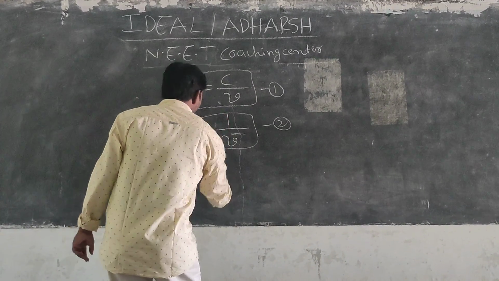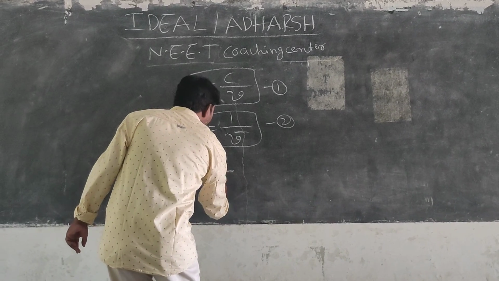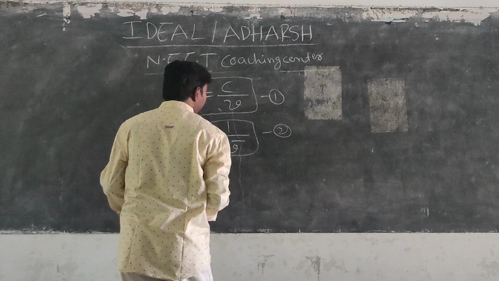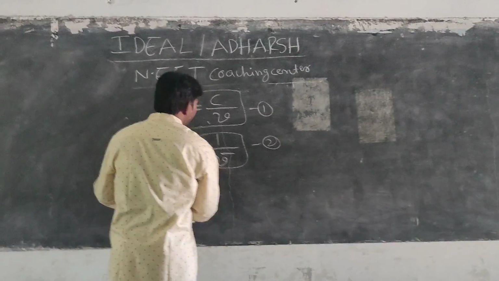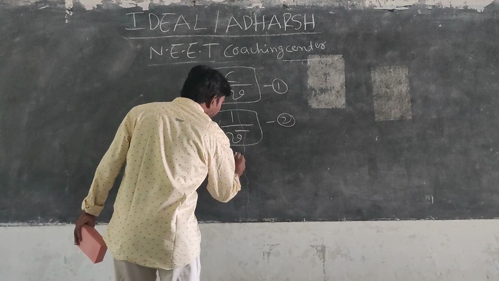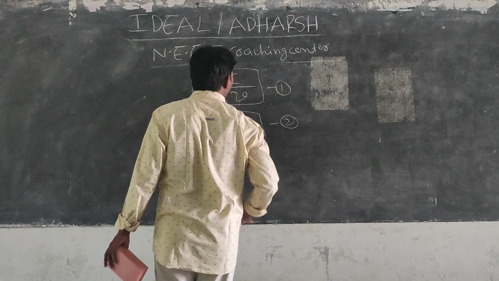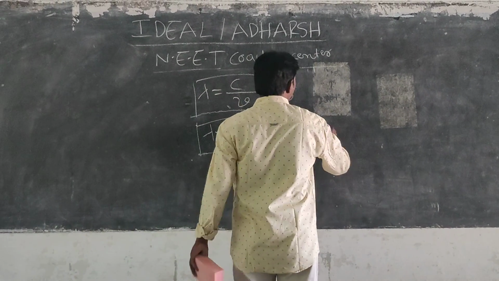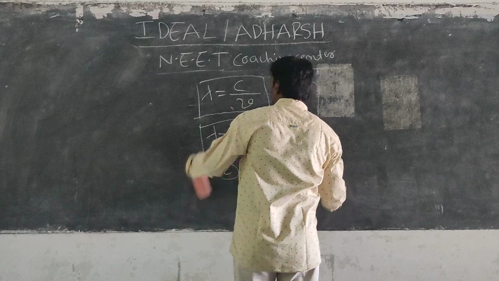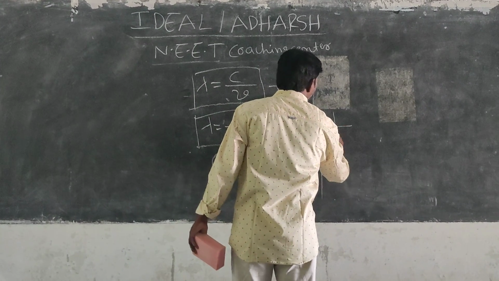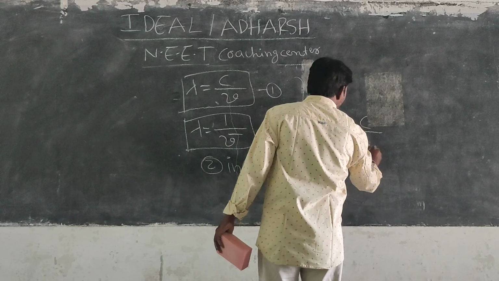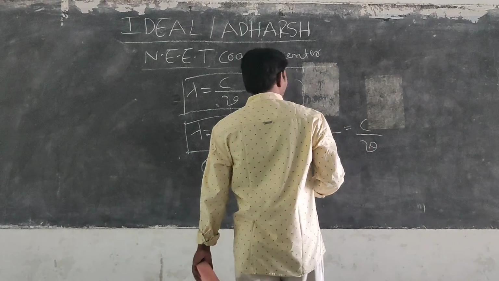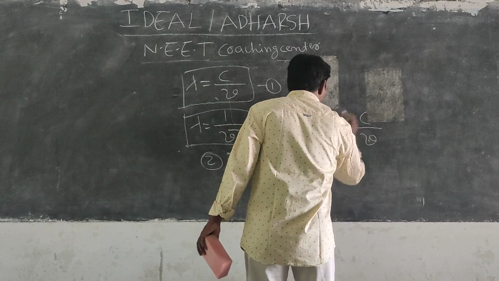Substituting the second equation in the first equation, 1 by nu bar equal to c by nu.